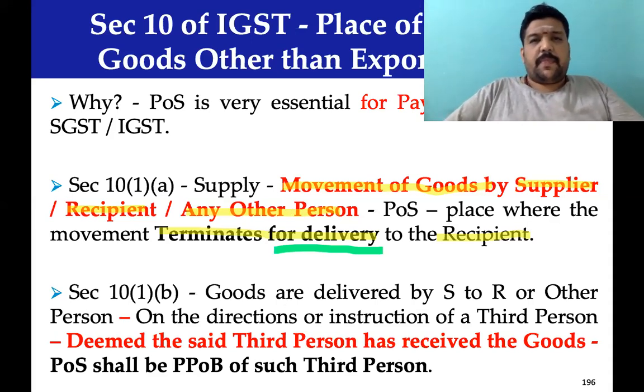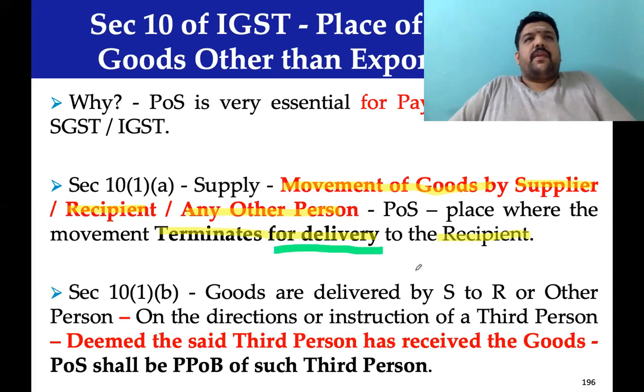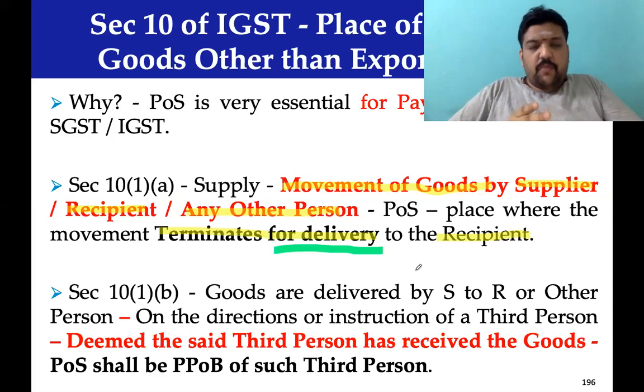Coming back here, getting into the next limb of discussion. Sometimes there would be a possibility that goods are supplied as per the instruction of one person and goods are delivered to another person.